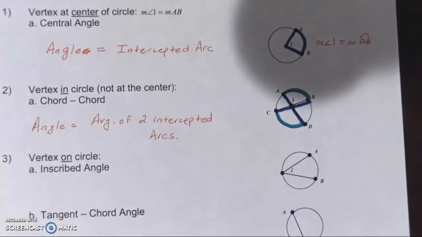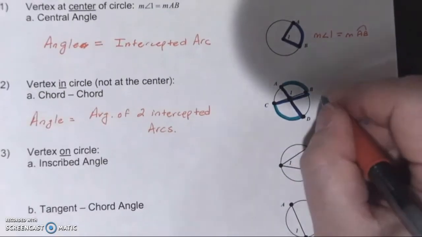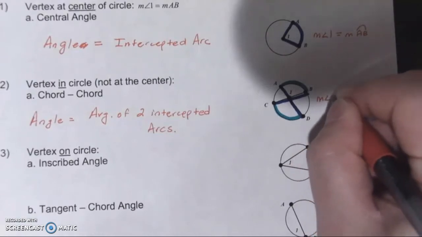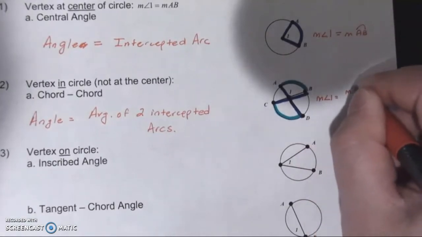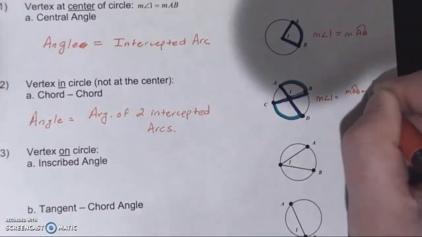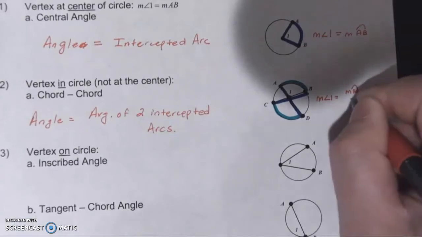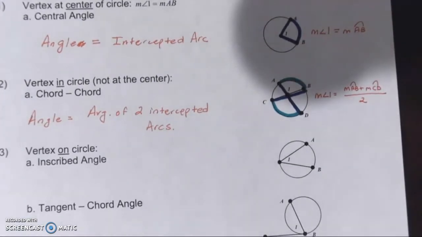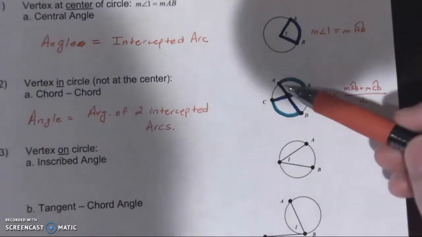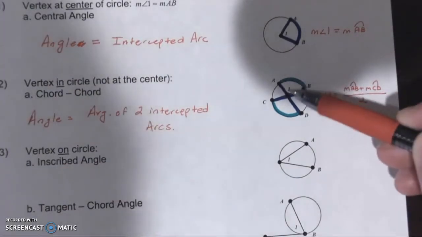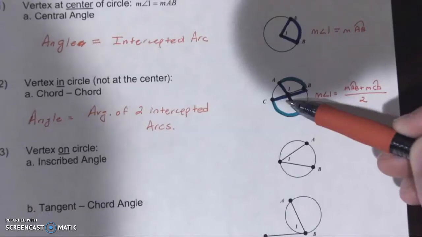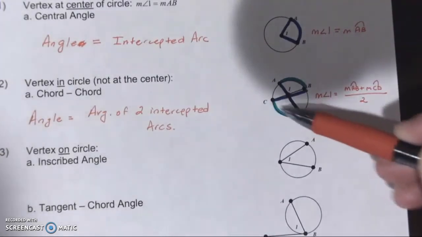Remember, we find the average of two things by adding them and dividing by 2. So in this case, the measure of angle 1 would be the measure of arc AB plus the measure of arc CD over 2. The average of the intercepted arcs. And the two intercepted arcs are formed by the two chords. So we have the arc facing the angle. And if we jump to the vertical angle, it's the arc facing the vertical angle.